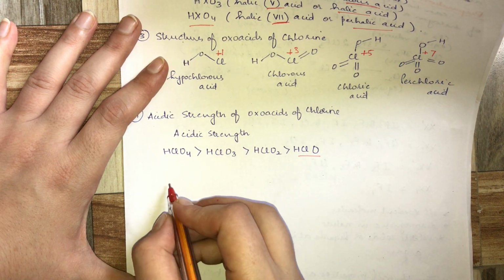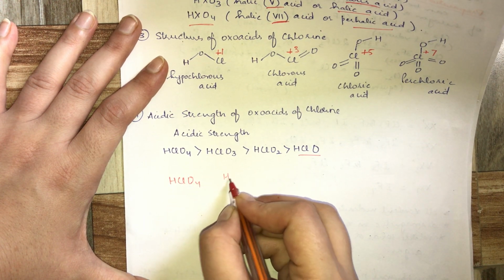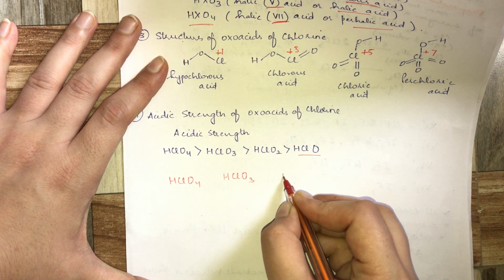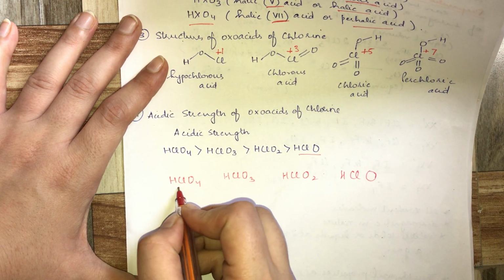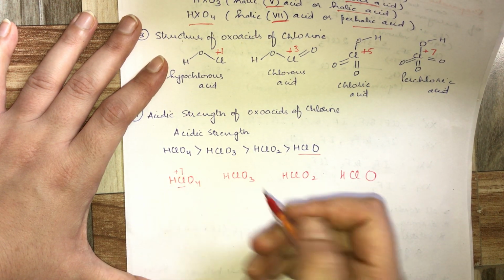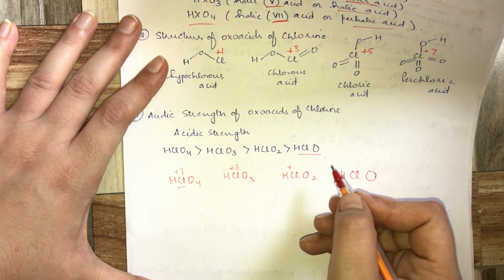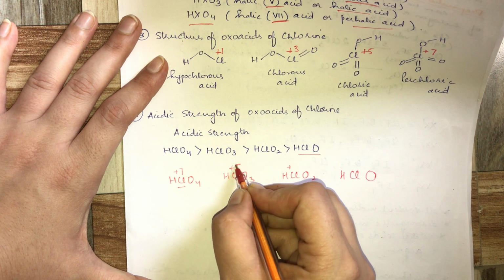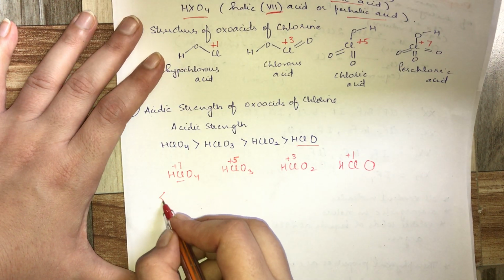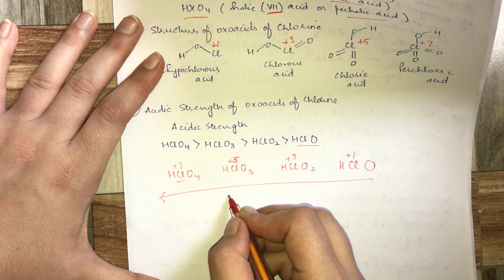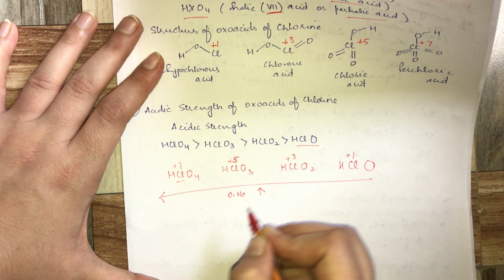Now what we have to see is that in HClO, HClO2, HClO3 and HClO4, chlorine is in +1, +3, +5 and +7 oxidation states. So as we move from HClO to HClO4, the oxidation number increases.